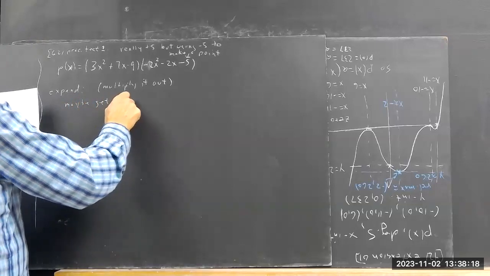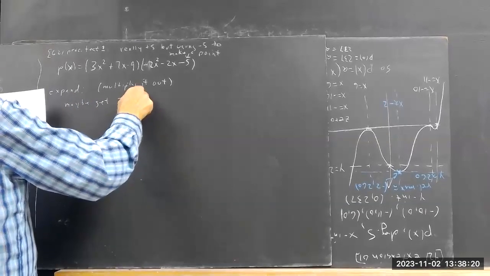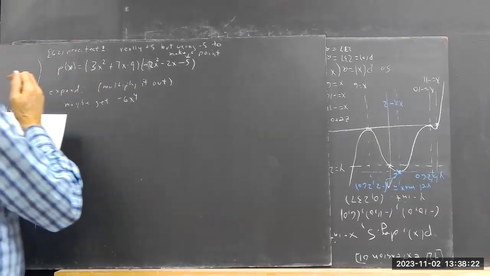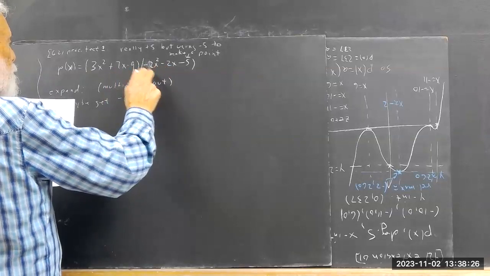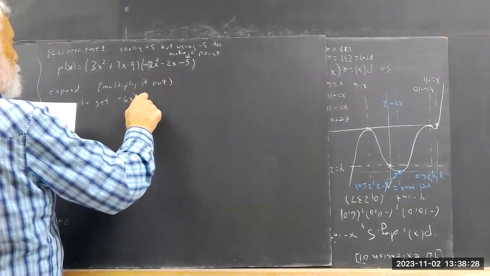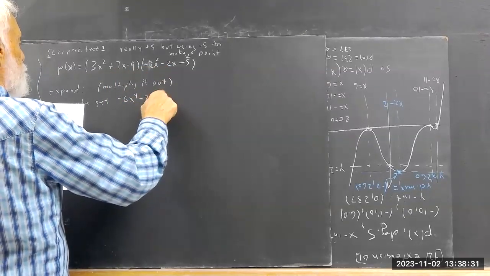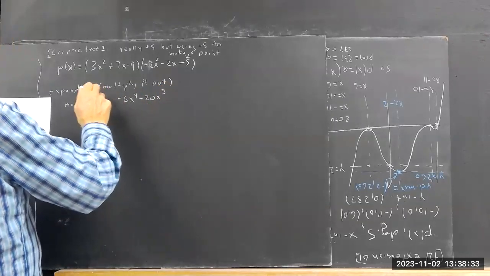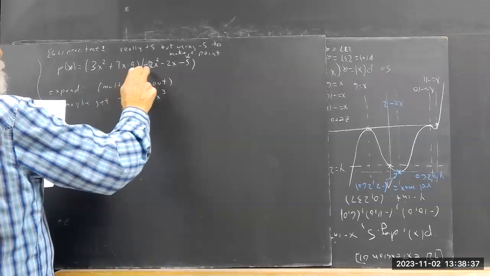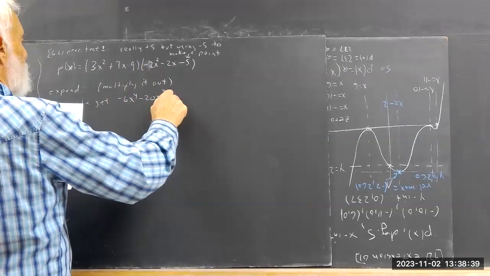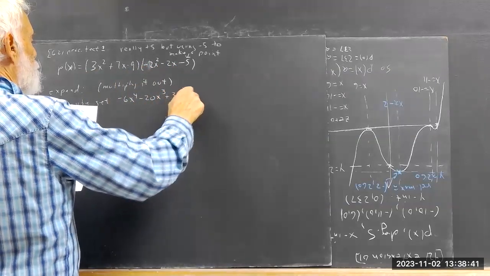Maybe what you get is -6x to the 4th. I'm pretty sure of that. And then you're going to get a -6x cubed here and a -14x cubed here. That's -20x cubed. And then you're going to get a -15x squared and a +18x squared. So you get 3x squared.